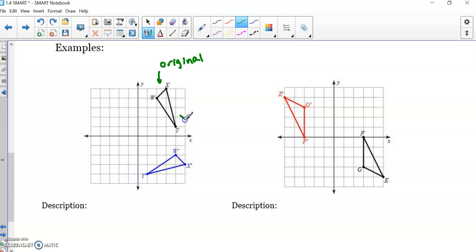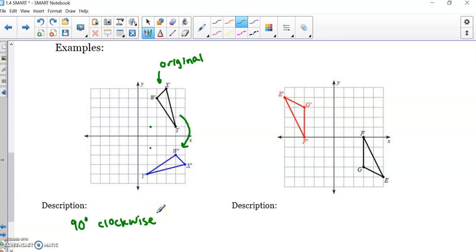So we know that we're moving to the right, so this is a clockwise turn, and because we only moved one quadrant, right? We moved from here to the next one. Since that's only one movement, that's going to be a 90-degree rotation. And we decided that it was going to be clockwise.